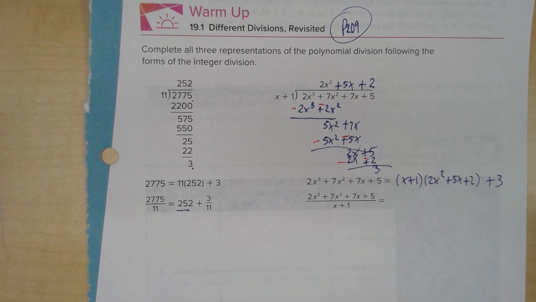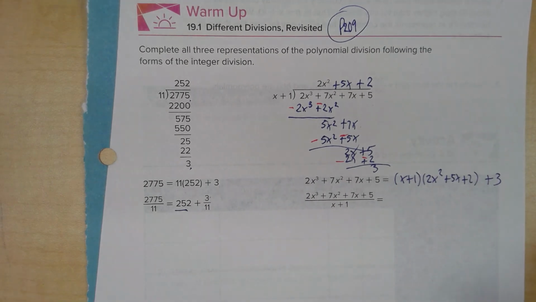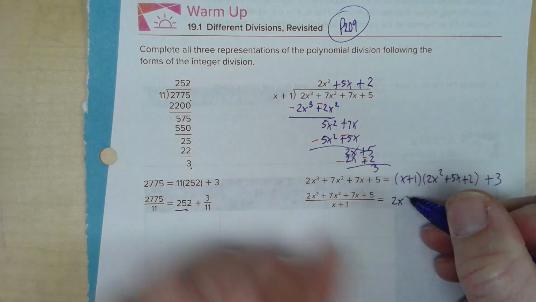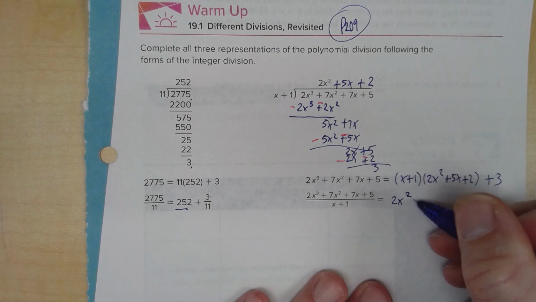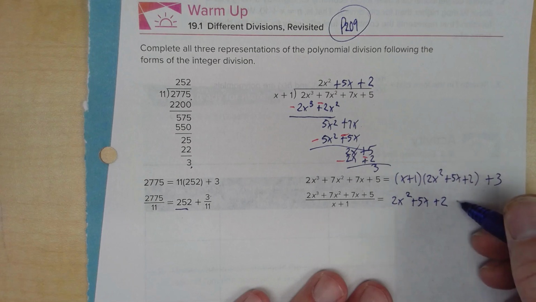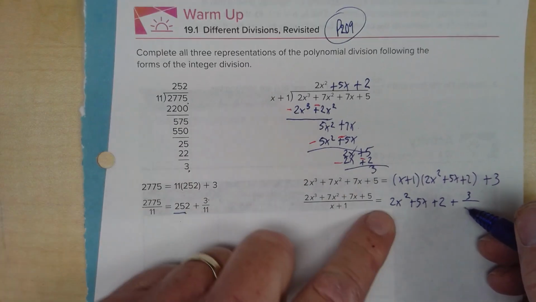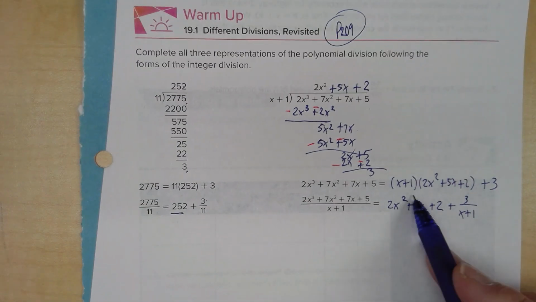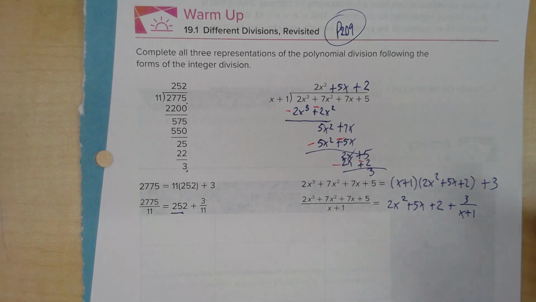The remainder is always a fraction, so the answer is the quotient, right? The answer up here is 2x squared plus 5x plus 2, and then what remains? Well, what remains is 3 out of, not 11, but x plus 1. So there's the answer written this way, and then the division. So it's all connected together.